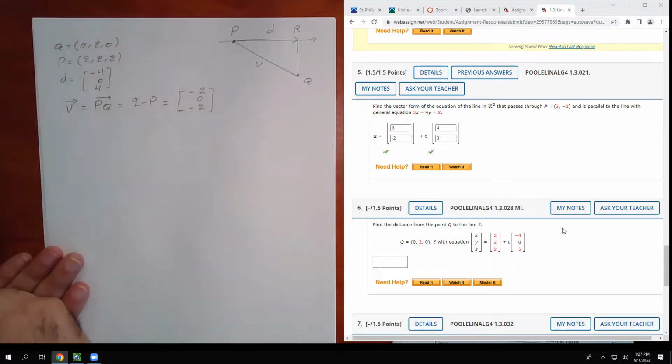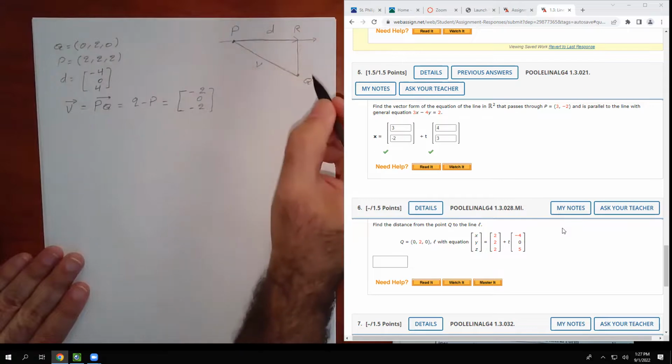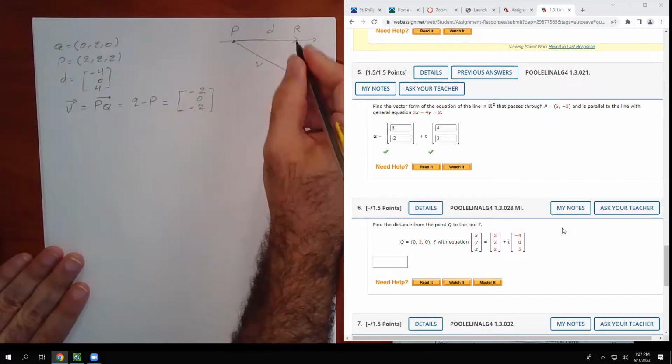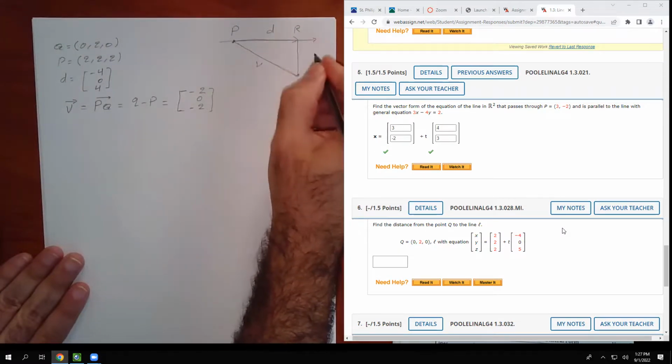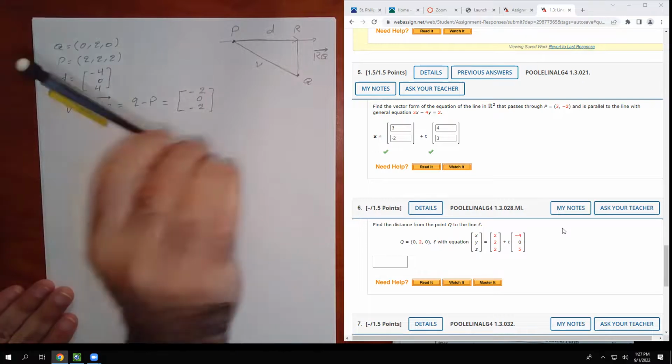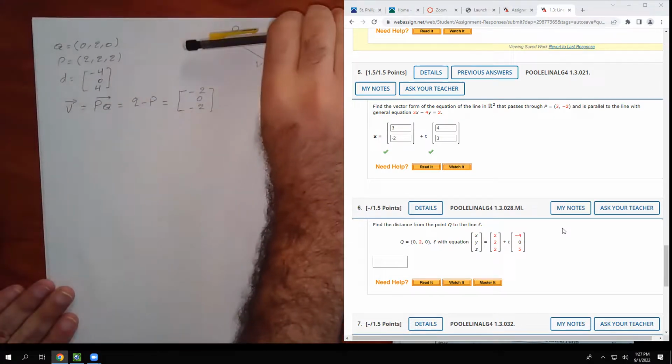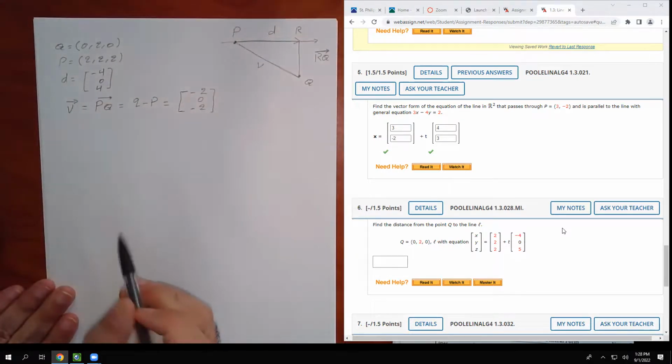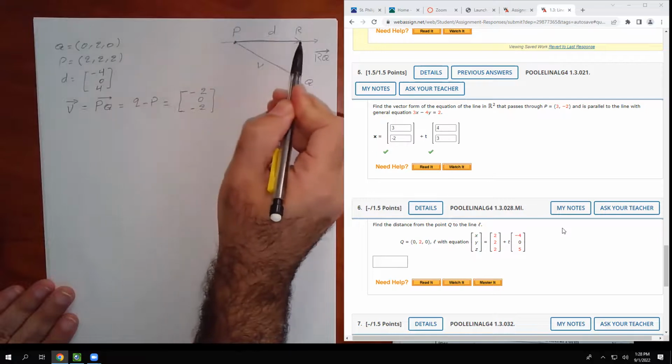So this is the vector V. My goal is to find the distance. That means I need to find QRQ. Next step, the projection of V onto the direction vector.